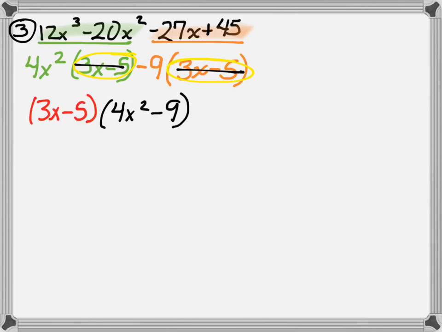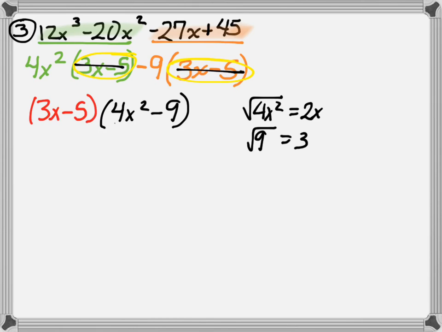Looking in your second parenthesis, we have that squared, and we have a minus sign. So can I take the square root of 4x squared? And that gives me a 2x. I can take the square root of 9. And yes, that gives me a 3. So this can actually factor one more step.